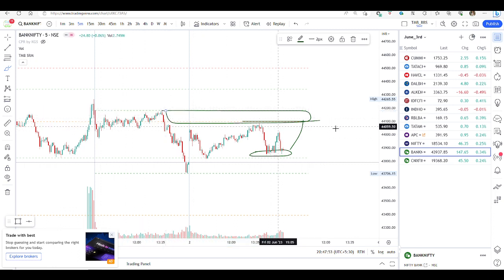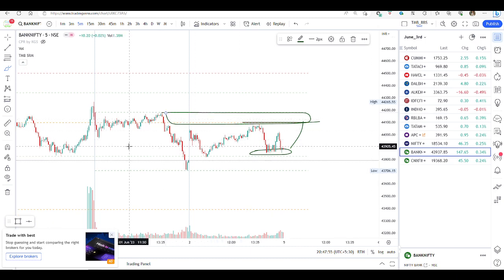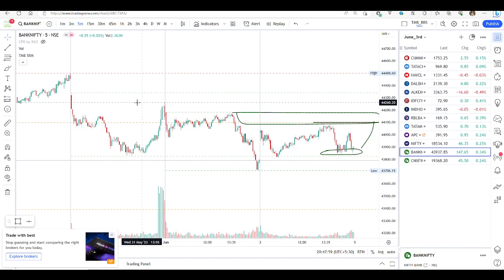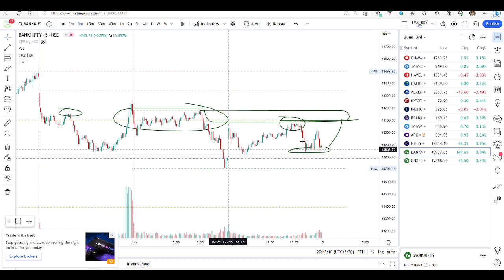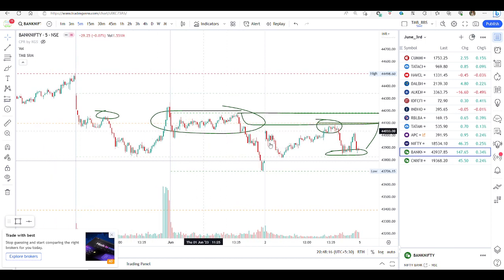Here, see why I am not looking for a sell side opportunity tomorrow: a lot of price action happened in this range. Multiple times it touched and multiple times it retraced. Since it touched multiple times, there will not be further short positions in this range.